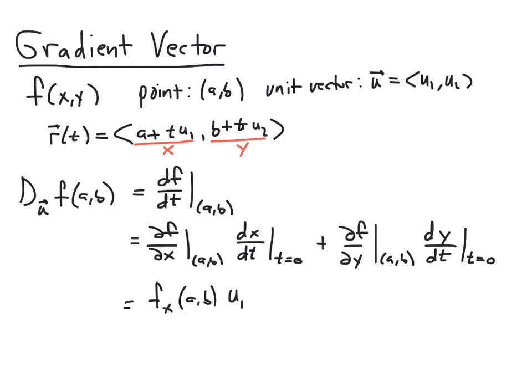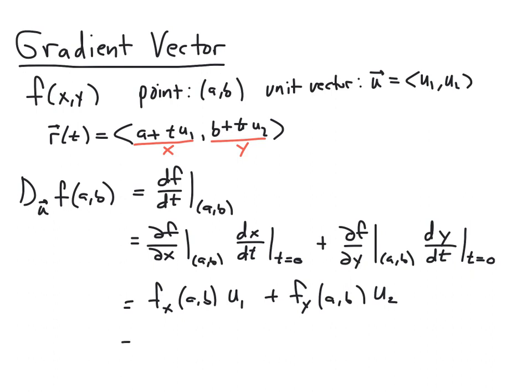So this is just that times u1, plus del f/del y evaluated at (a, b), the partial of f with respect to y, and dy/dt evaluated at t equal to 0 is just the constant u2. In fact, evaluating at 0 for the derivatives of x and y doesn't matter because both derivatives are constants. And so we have f sub x of (a, b) times u1 plus f sub y of (a, b) times u2.